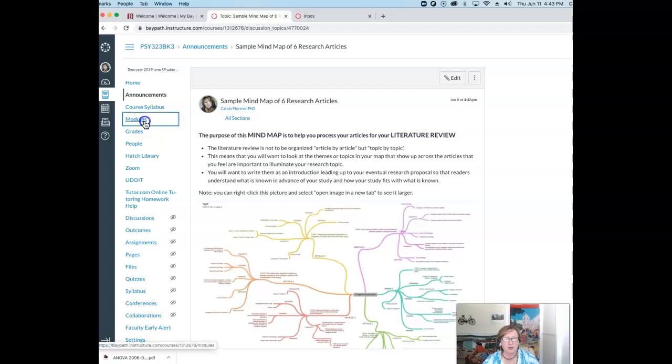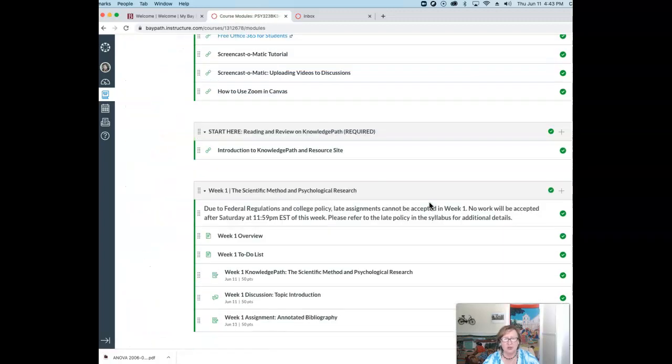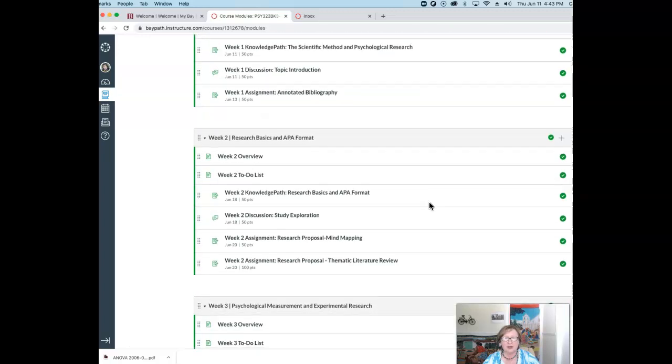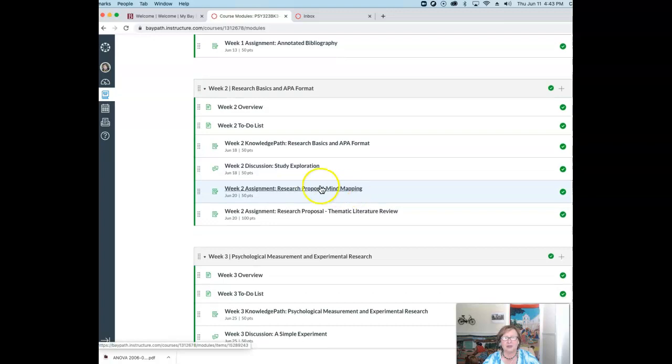Let's take a quick look at what else we have to do in this week. We're looking at week 2. We have our discussion, which is actually a study exploration. Then we have our mind mapping, and then we have to write our thematic literature review. So let's take a look at the discussion.